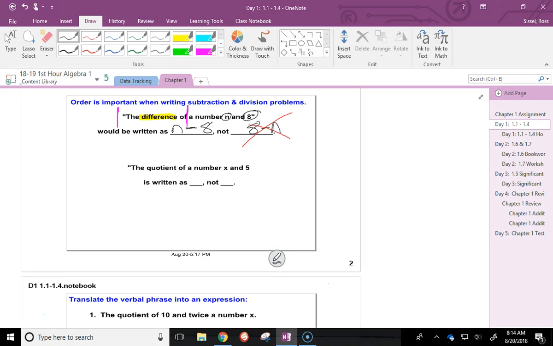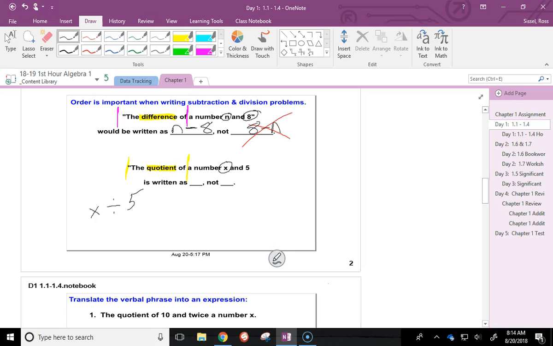Alright. Next example. The quotient of. There's my phrase. Easily I have it: quotient means division. And so now I put it in order. X and 5.